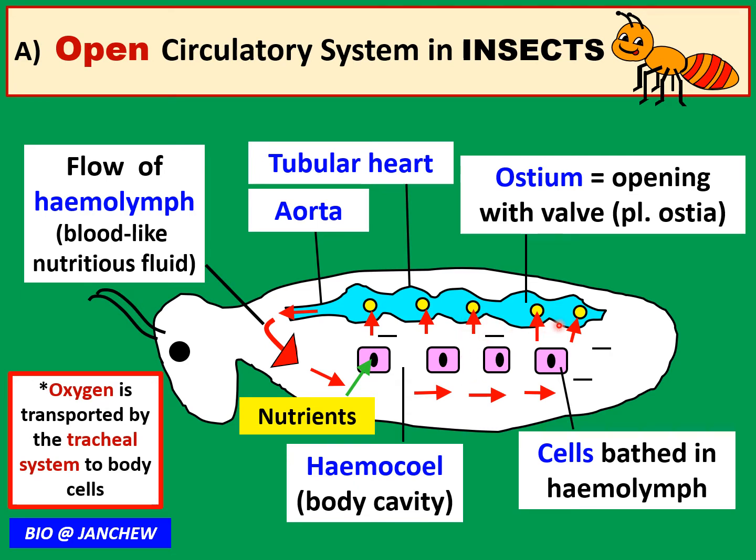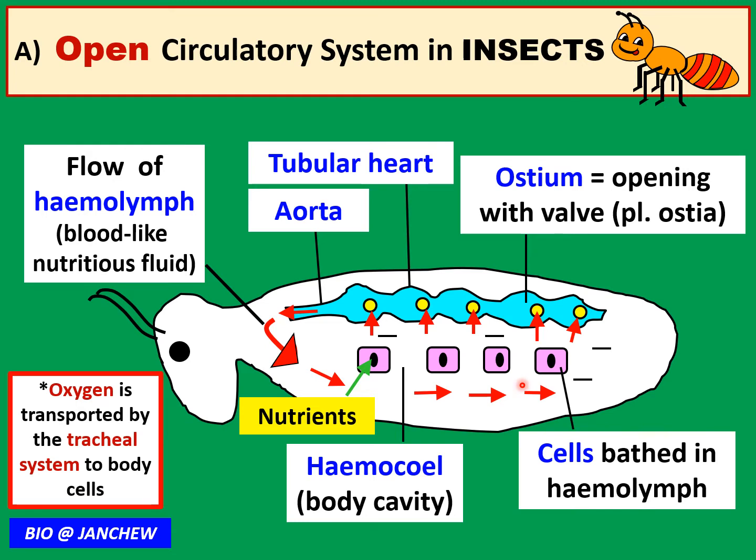So let's look at the circulation of haemolymph in the insect. First, the heart will contract. When the heart contracts, it pumps the haemolymph out of it through the haemolymph vessel or the aorta. Then the haemolymph will flow out of the aorta into the hemocoel or body cavity, where exchange of substances occurs when the hemolymph bathes the cells.